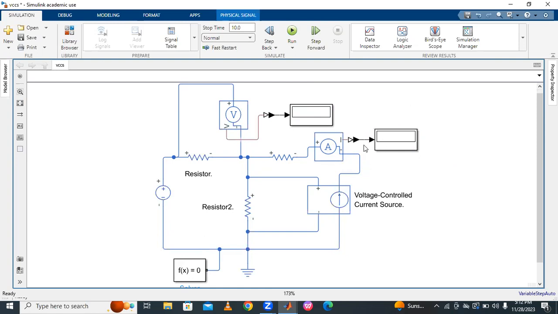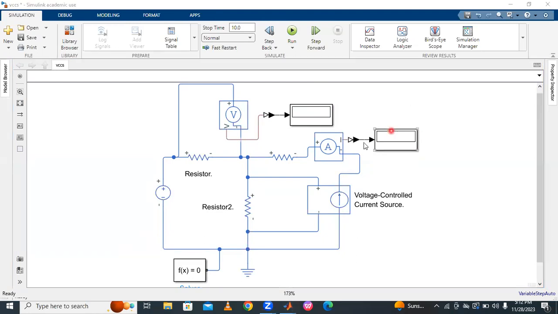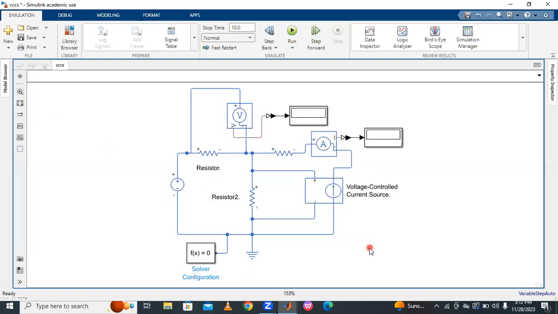Understood? So like this the voltage sensor is connected for measurement of voltage. This is for measurement of current, and this is used for measurement of voltage. This is a dependent source present in the circuit, and then simulate. It will take some time.